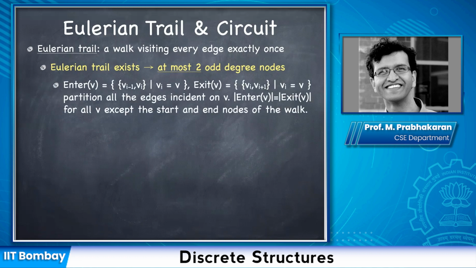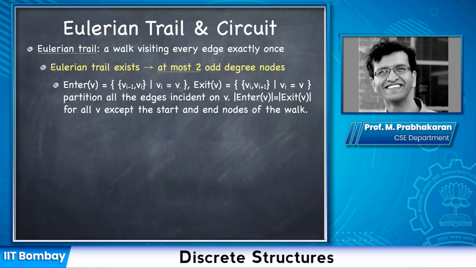Suppose there is an Eulerian trail v0, v1 up to vk, where k is the number of edges. Take any node v, and look at the edges which are used to enter this node v in this walk. These are edges of the form vi minus 1, vi, where vi is v.